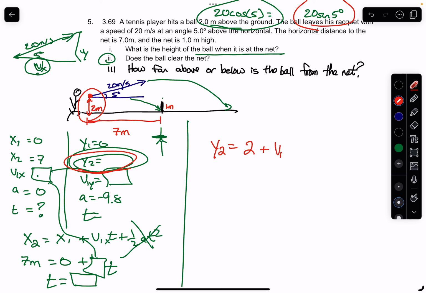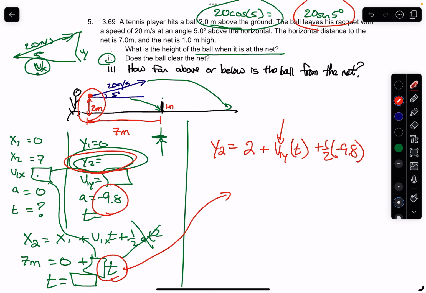You'll have to plug that in. Now times the time, and we do know the time from down here, plus 1/2 times negative 9.8, because a is negative 9.8, times t squared. Again, that's the same t that we have here. And you're going to be able to solve for y2. And that is the answer.